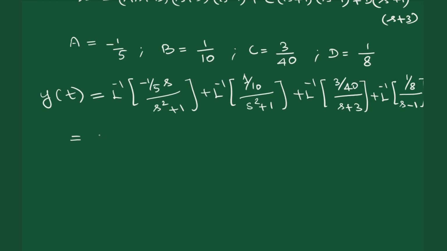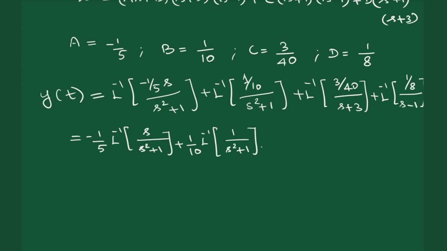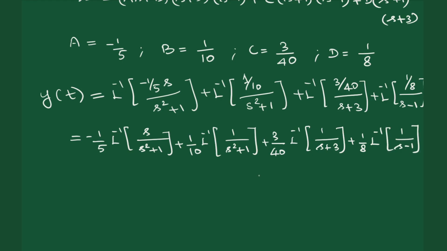So this is equal to, take minus 1 by 5 outside, it will be L inverse of s by (s square plus 1), plus 1 by 10, L inverse of 1 by (s square plus 1), plus 3 by 40, L inverse of 1 by (s plus 3), plus 1 by 8, L inverse of 1 by (s minus 1). Now if you look at each and every term, it is very simple to apply the formula.